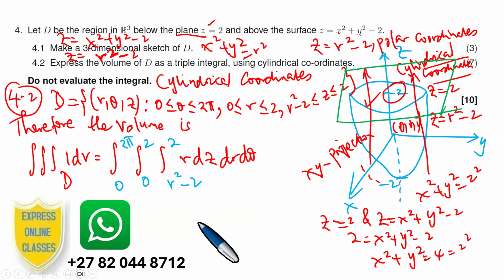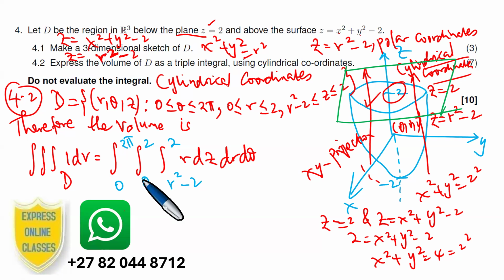Exactly like that. But now they said do not evaluate the integral. Just write it exactly that way. If they say you don't have to evaluate the integral, it means you don't have to transform x squared into r cos theta and so on.